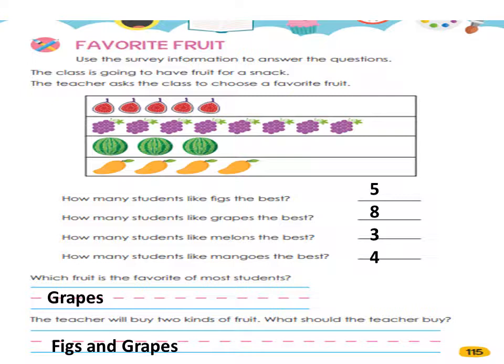Excellent. Let me ask you another question. Which fruit shouldn't I buy? Excellent. The watermelon, because it has the least number. It's only 3, so I will not buy it. From this graph and this page, how did numbers help us?